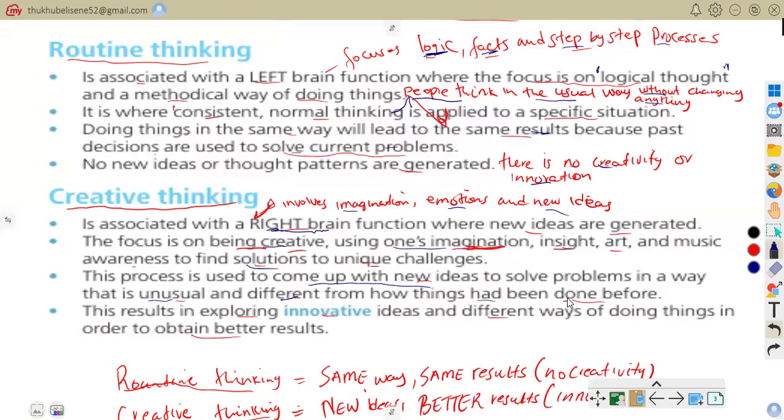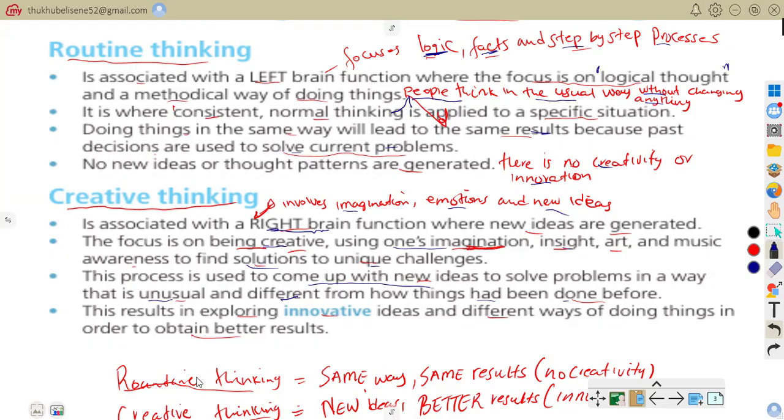What we mean with this statement is that old methods are replaced with new approaches. For example, we can switch from paper records to digital systems. So that is why I'm saying old methods are replaced with new approaches.